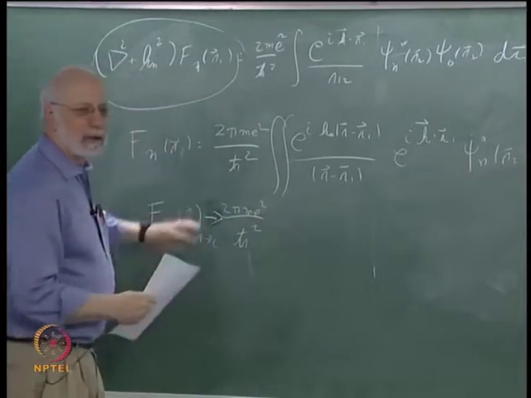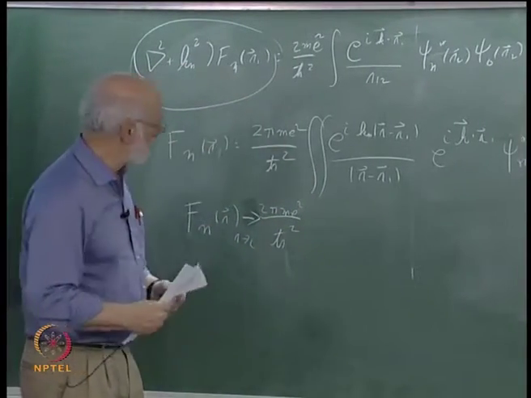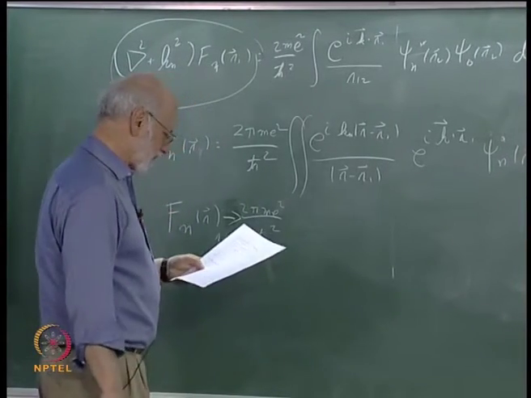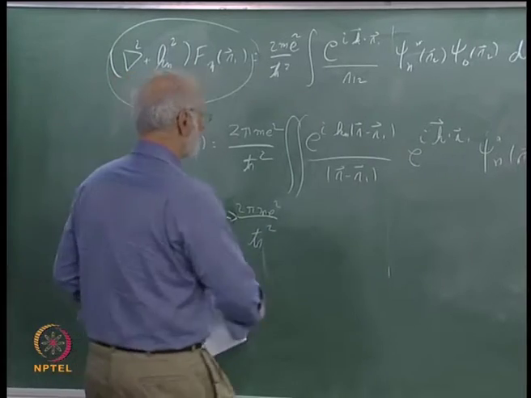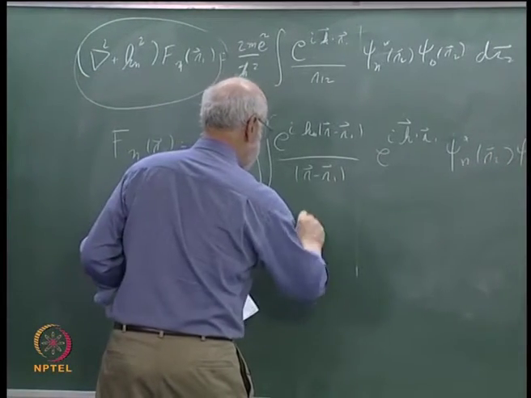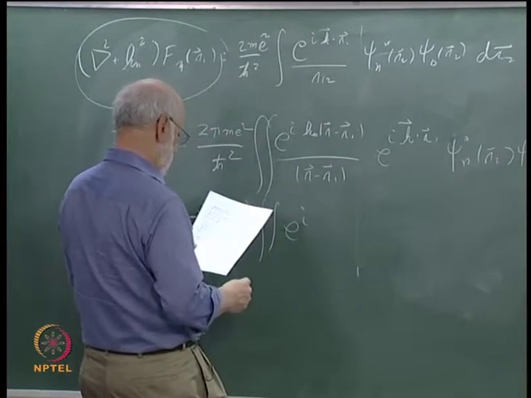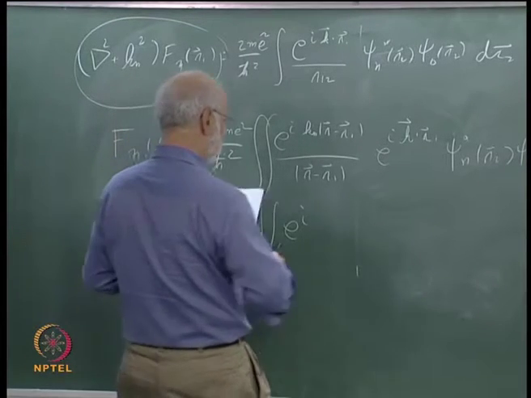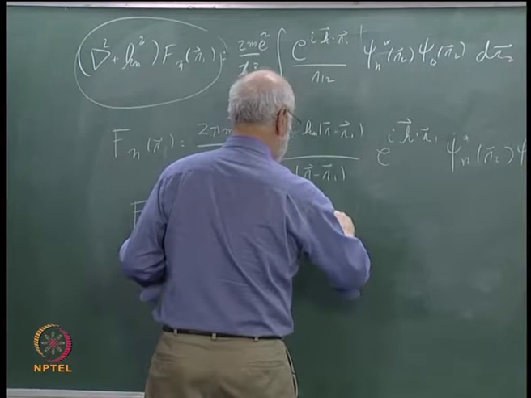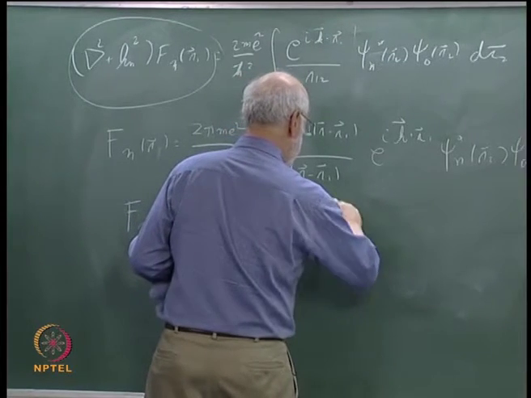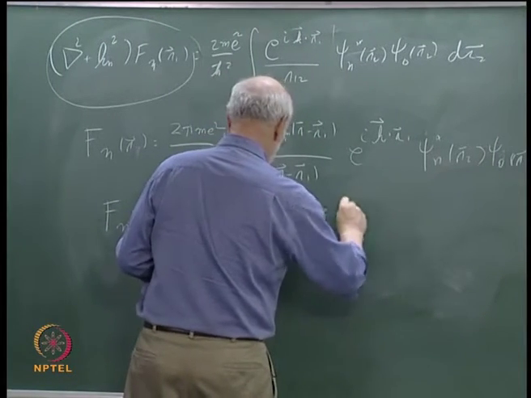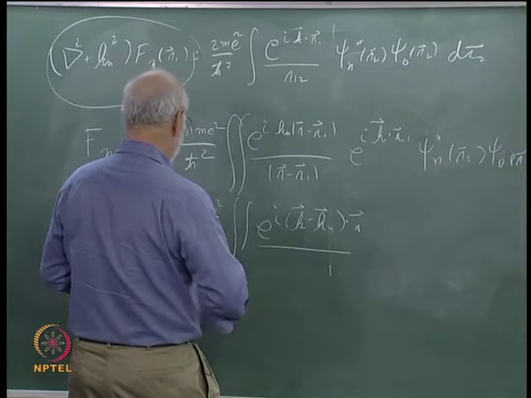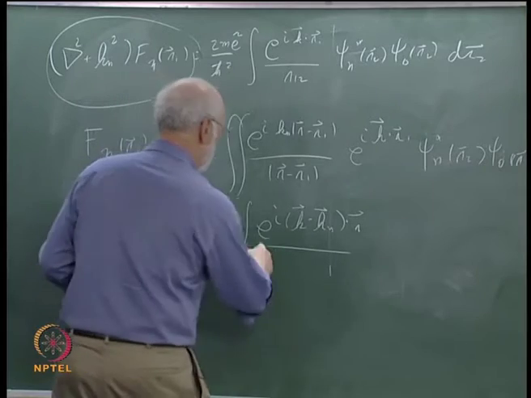As I go along, I lose things like the h bar. That's what happens when you get old. You lose things. The double integral of e to the I k minus kn dot r, over, no, I'm sorry, not over anything.